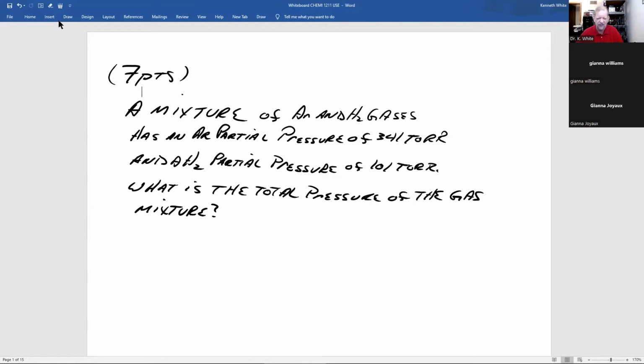Now, as soon as you see the words partial pressure, a bell should go off. How about a whistle should go off? It went off. That you should know it's time to use Dalton's law of partial pressures.